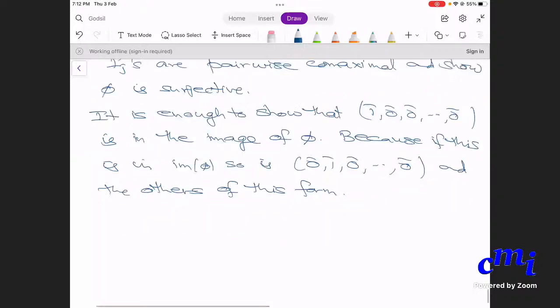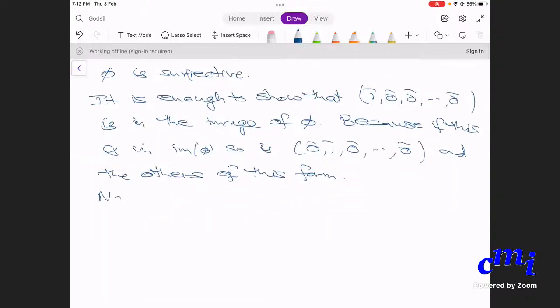Once you know this, now take an arbitrary element, let's say b1 bar, b2 bar, up to bk bar.